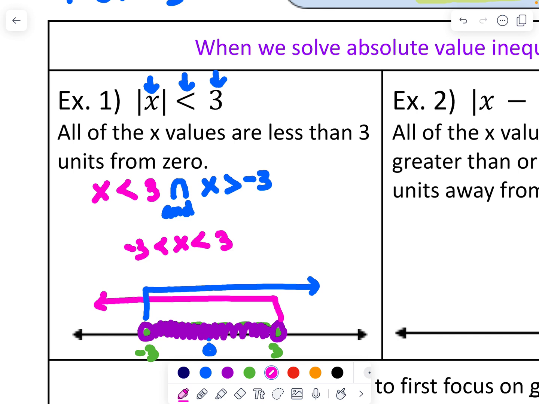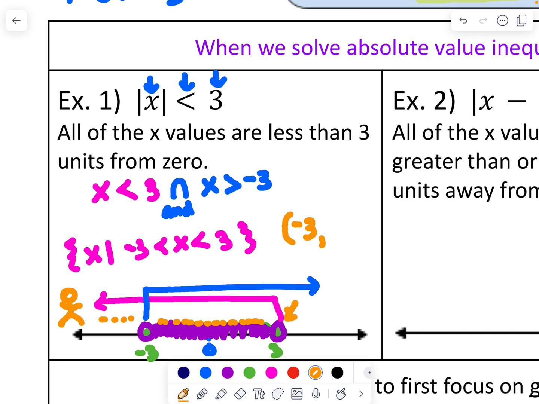This would be more like set notation. Let's talk about what it would look like in interval notation. If we start walking here, the first value we get to is -3, but we're not including -3, so we use the parenthesis. Then we get to the last value, which is 3, and we also don't include that.